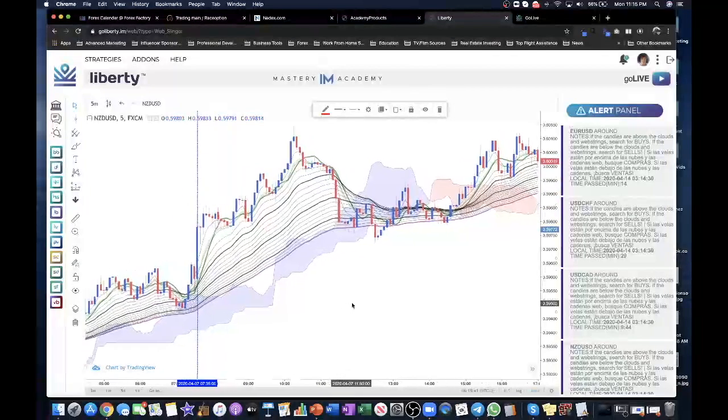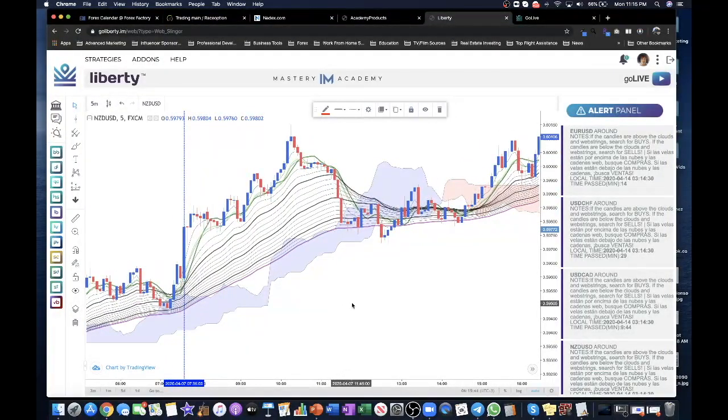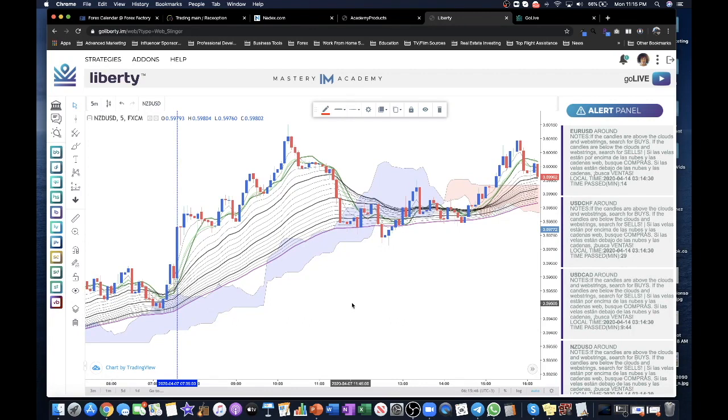All right, so the rules of the Webslinger are actually very simple, believe it or not. This strategy consists of over 20 different indicators on it, but the strategy itself is actually very simple.